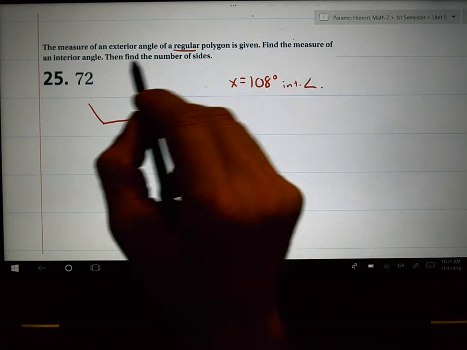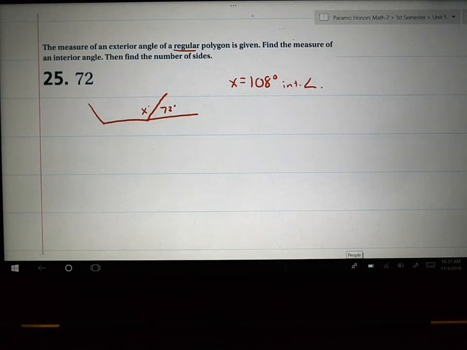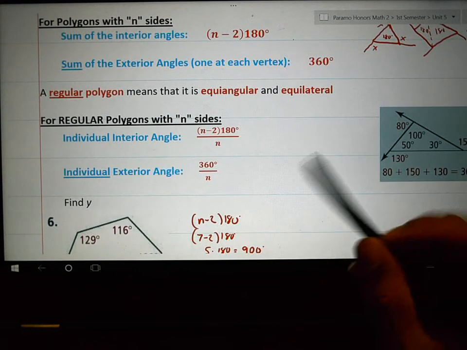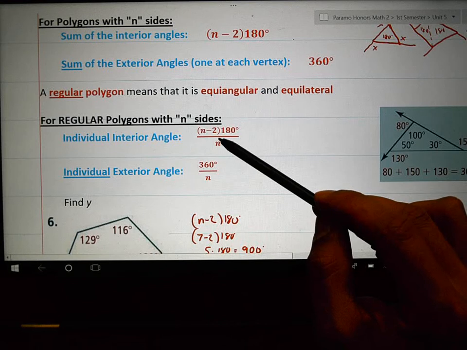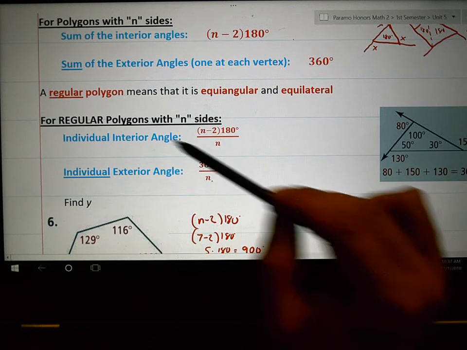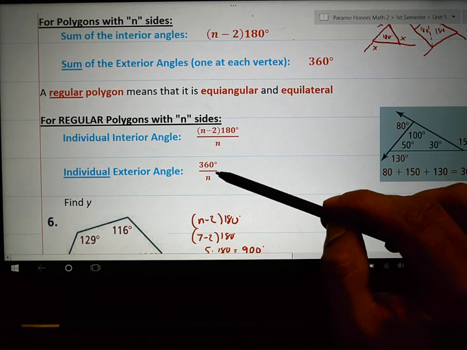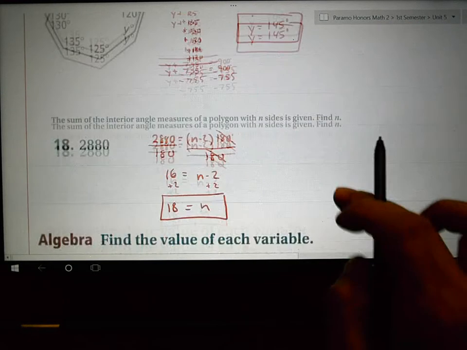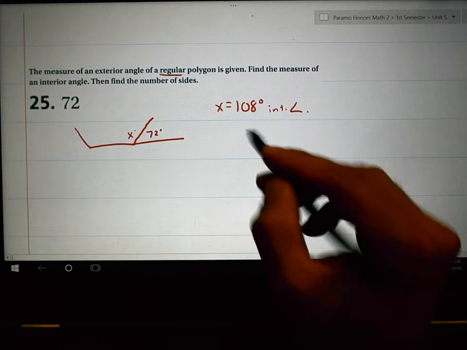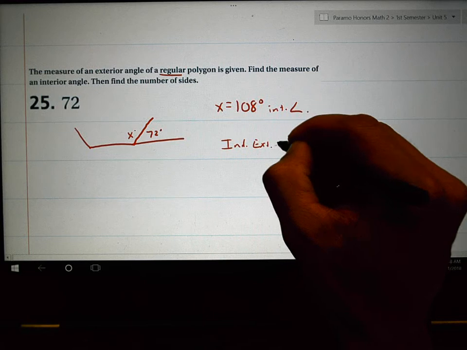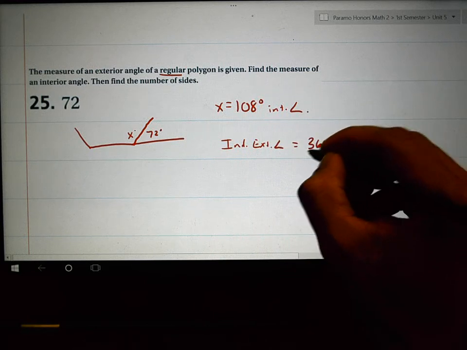There's a second question that says find the number of sides. Now, I personally would like to use the easiest formula that has the number of sides in it. I could solve this with the interior angle formula or the individual exterior angle formula because it's a regular polygon. Which formula is easier? The bottom one. I'm going to use the bottom one if I have a choice. So I know that an individual exterior angle is equal to 360 divided by n.